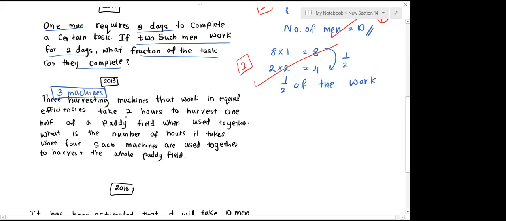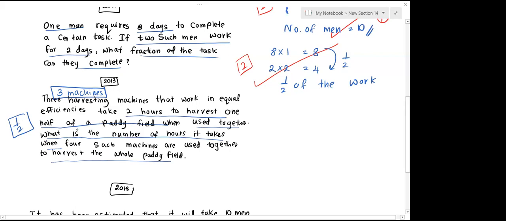Okay, 1/2 means half of a paddy field. When used together, what is the number of hours it takes when 4 such machines are used together to harvest the whole paddy field?